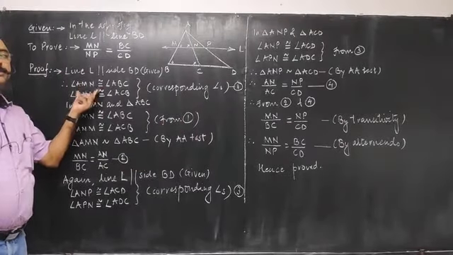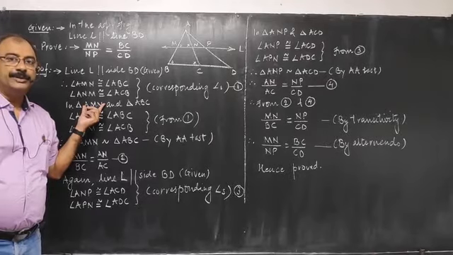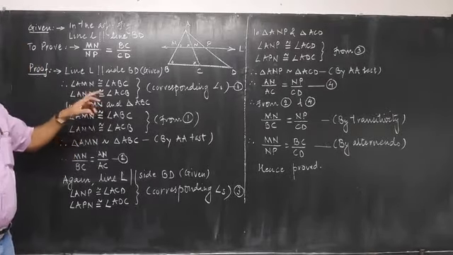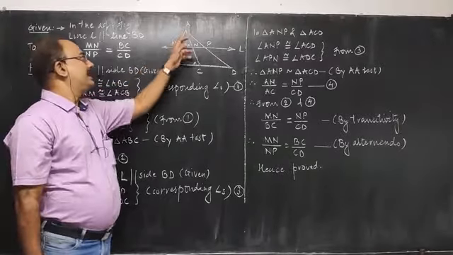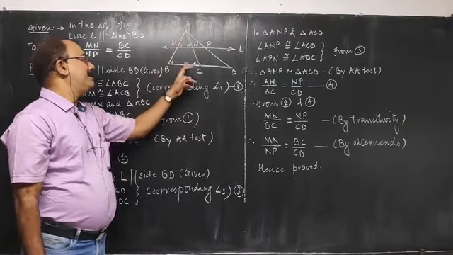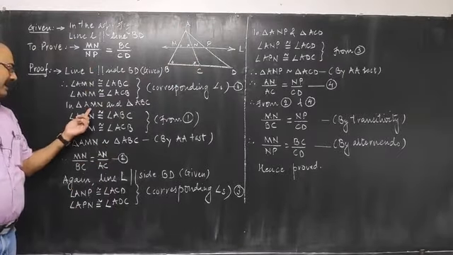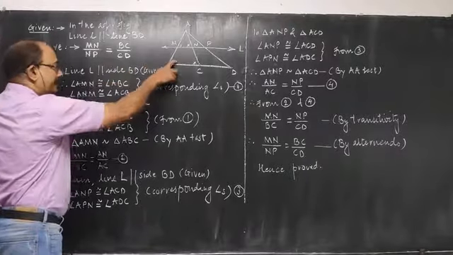Now we are going to use the congruence of angles to prove that the triangles are similar. In triangle AMN and triangle ABC, these two angles are congruent.